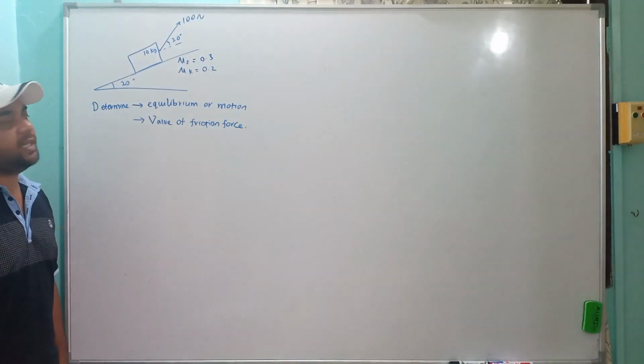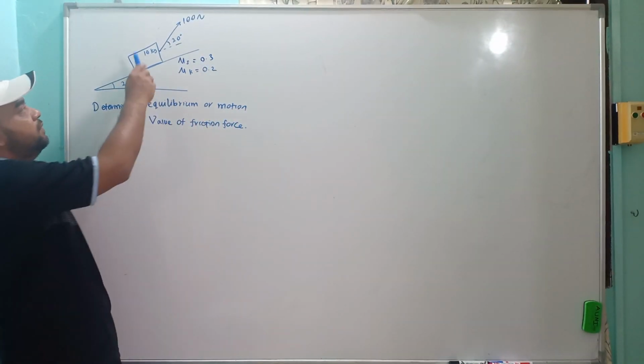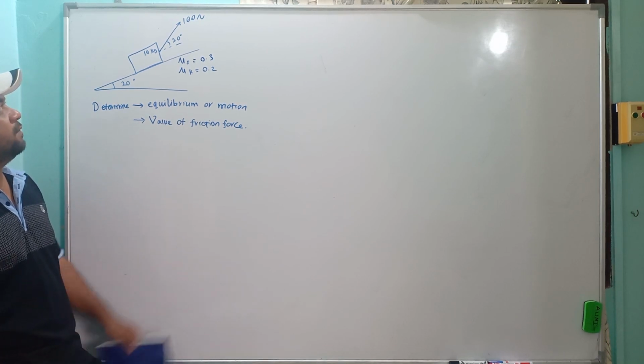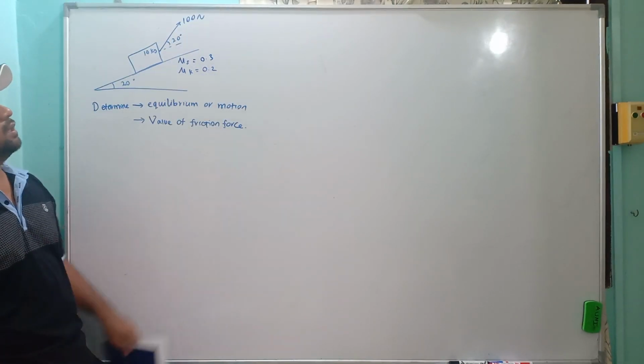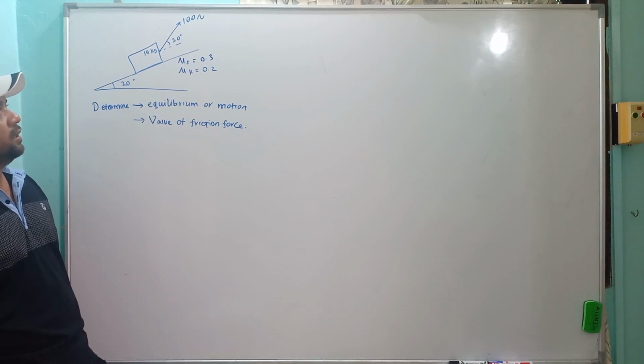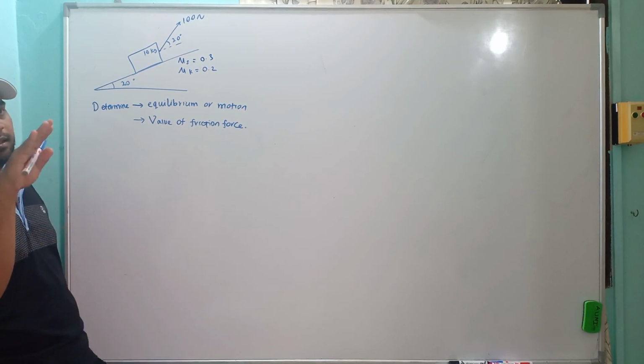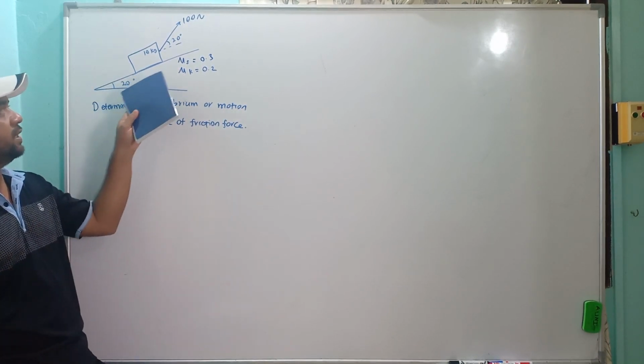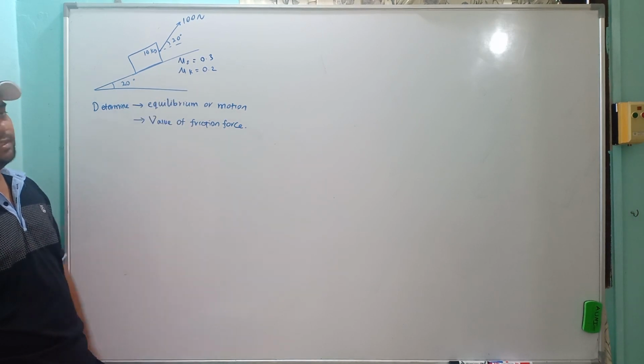In this simple example, we have one component with mass equal to 10 kg, acted upon by a force of 100 Newton at an angle of 20 degrees. This component is put on a slope of 20 degrees with a surface given mu s, the static coefficient of friction, 0.3, and the kinetic coefficient of friction of 0.2.